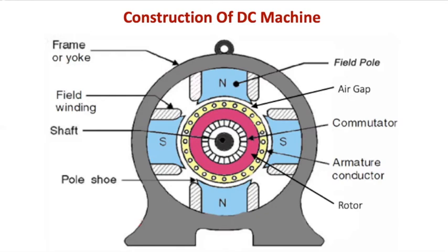So in this simple drawing, you can see the frame, and in that we have placed the pole and the pole face, and on the pole we have shown the windings, while in the center you have the shaft, after that the commutator segments, then the rotor, and on the rotor you have shown the rotor conductors with the help of small circles, indicating the wires.